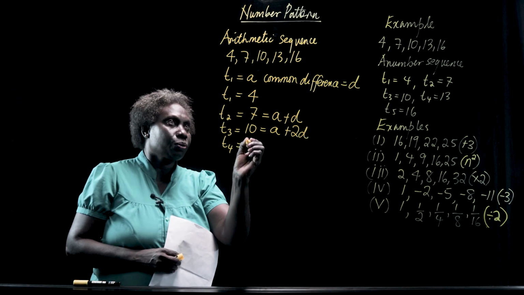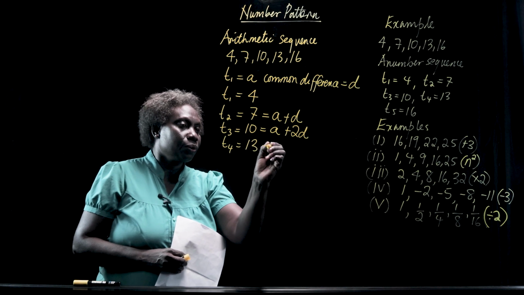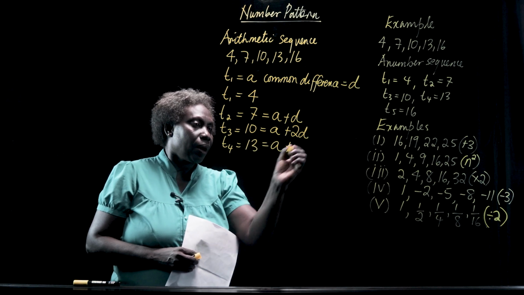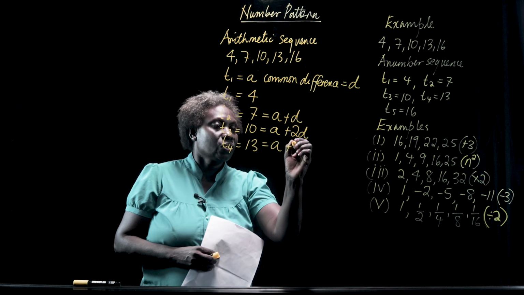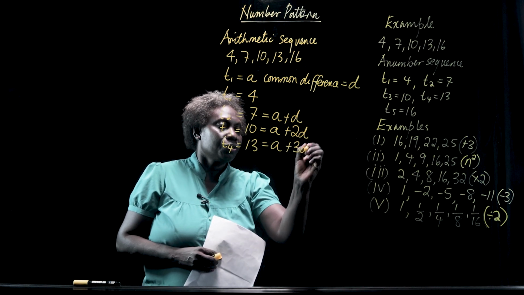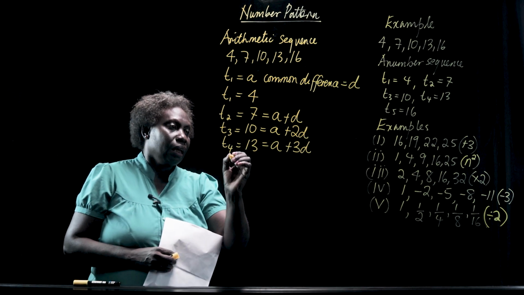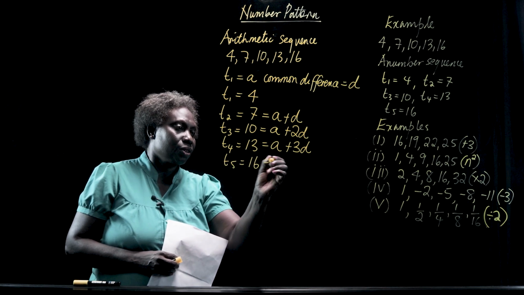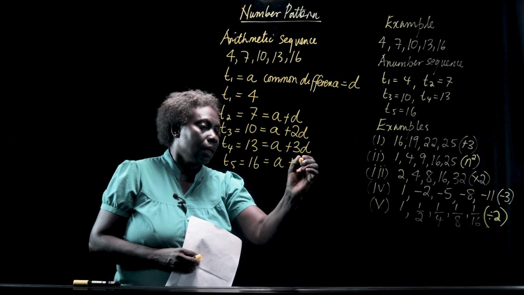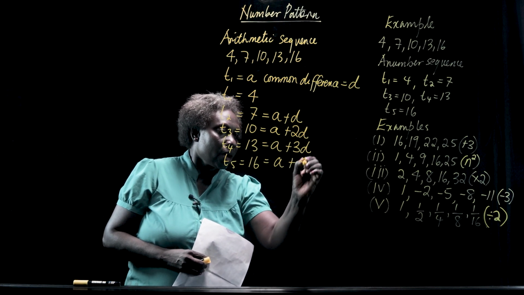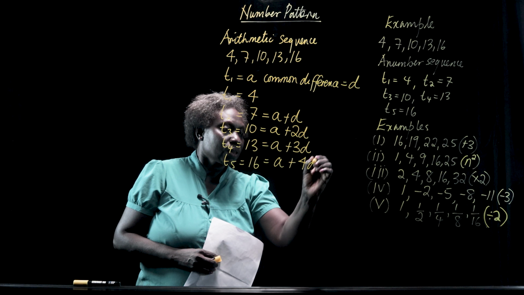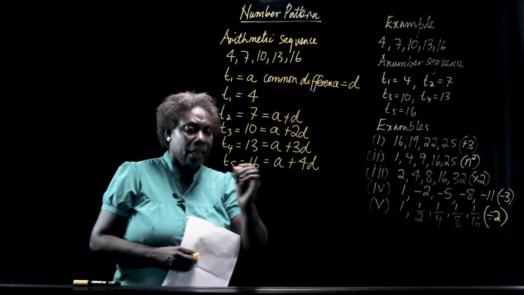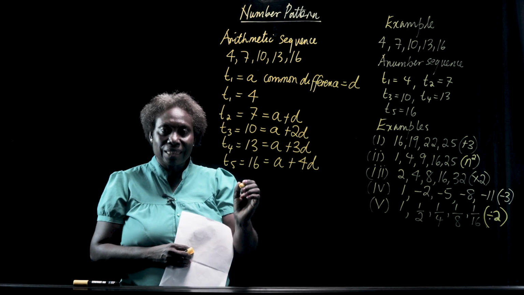Term 4 is equal to 13, which is equal to A plus 4 minus 1, which is 3, so 3 times D. And term 5 is equal to 16, which is equal to A plus 5 minus 1, which is 4, so 4 times D. And how do we find the nth term?